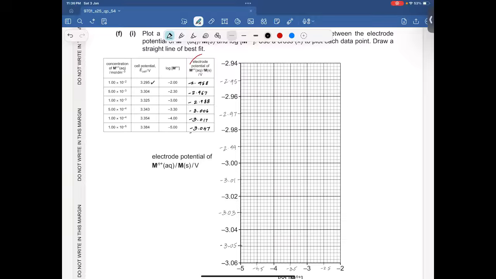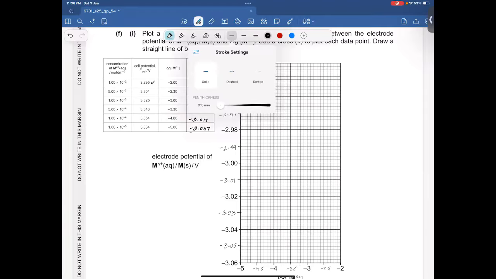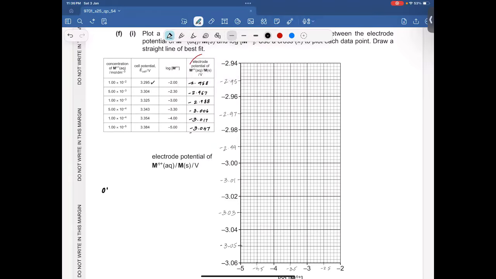Just hold on a second. 2.95 minus 2.94 divided by 5. Okay, one small box on the y-axis is 2 into 10 to the power minus 3.